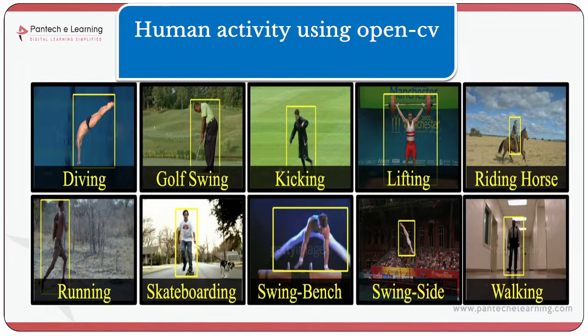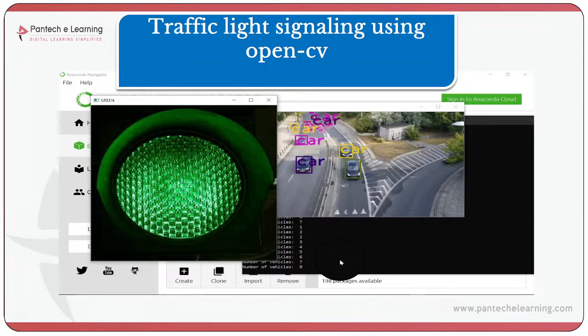For the database, we are taking different types of activities: diving, golfing, kicking, lifting, riding horse, running. Based on the database, we will recognize the human activity using OpenCV. And next, in traffic applications also we are using OpenCV.